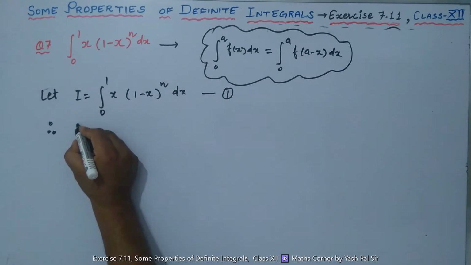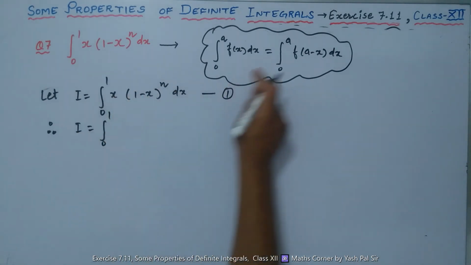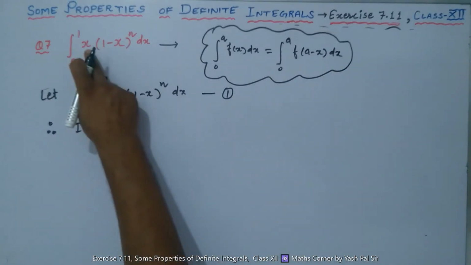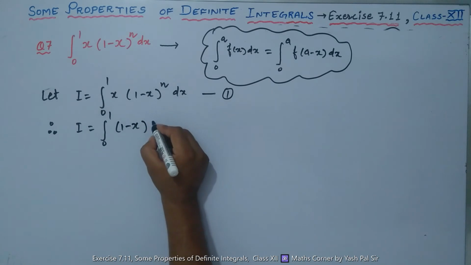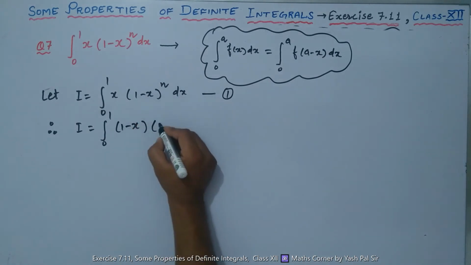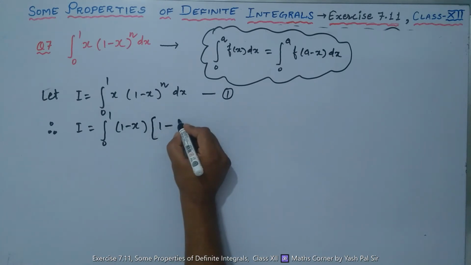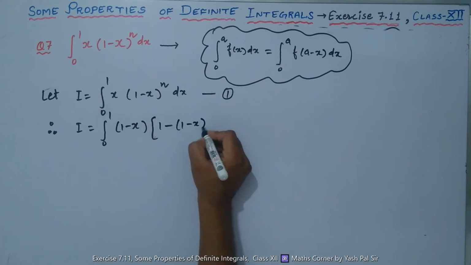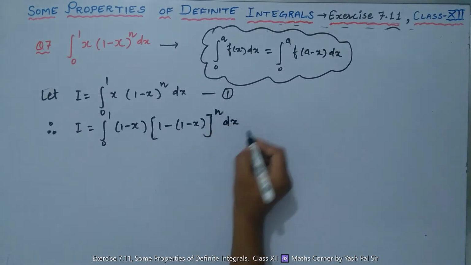So we have applied this. Now applying this property, I is equal to 0 to 1, x becomes a minus x, that is 1 minus x, and here this becomes 1 minus x means 1 minus x, outside the power is n dx.